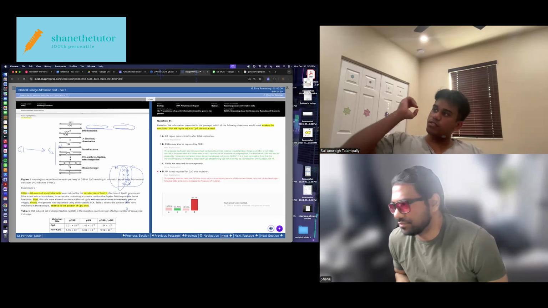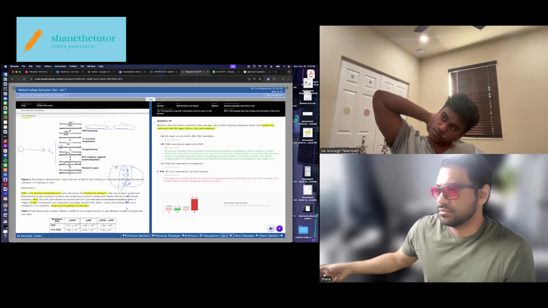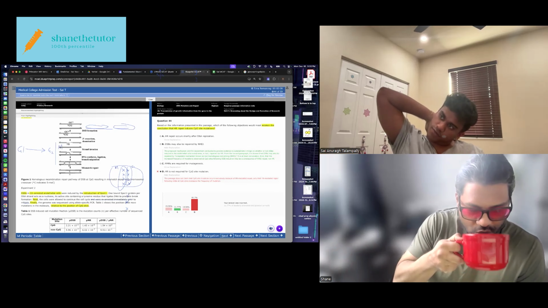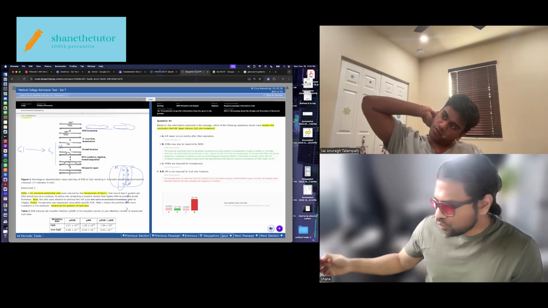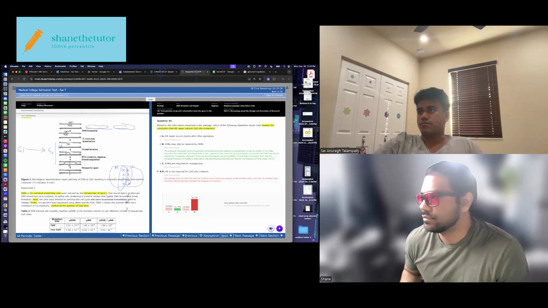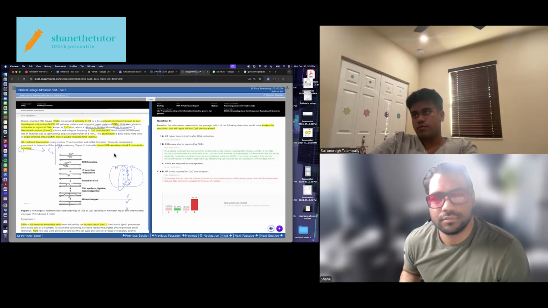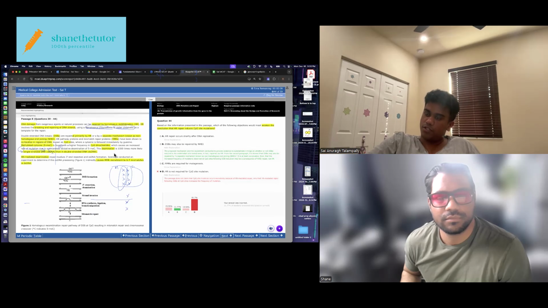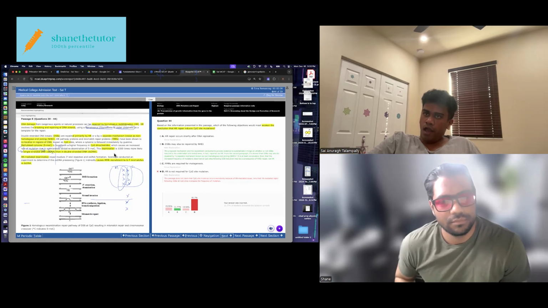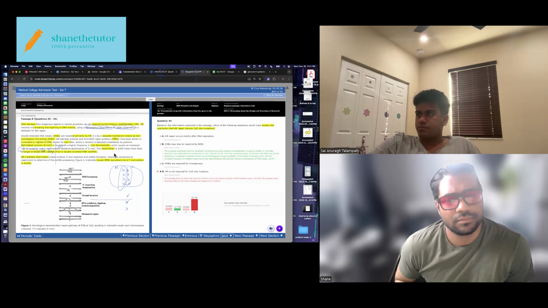Based on the information presented in the passage, which of the following objections would most weaken the conclusion that HR repair induces CPG site mutations? HR repair induces CPG mutations. Okay. Got it.